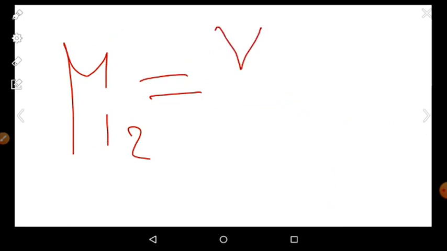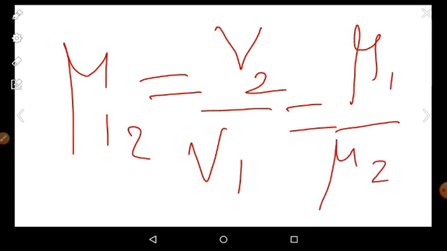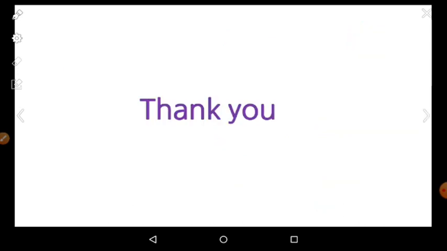If I write mu 1 2, the refractive index of the first material with respect to the second material, in terms of velocities it is V2 divided by V1, or in terms of indices, mu 1 divided by mu 2. This is the relative refractive index. Either absolute or relative, refractive indices have no units and dimensions. So this is about refraction of light and the refractive indices.